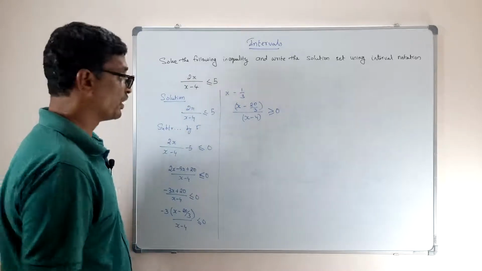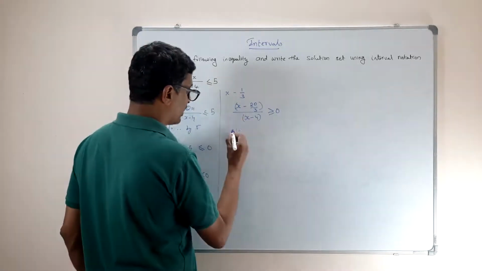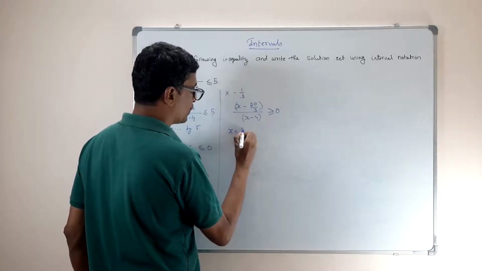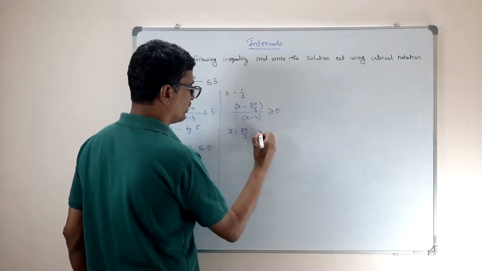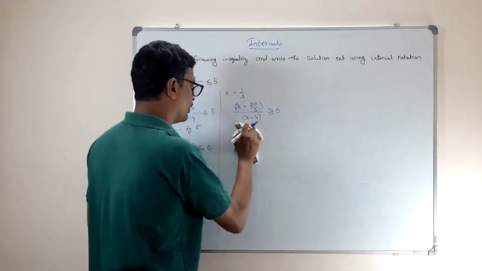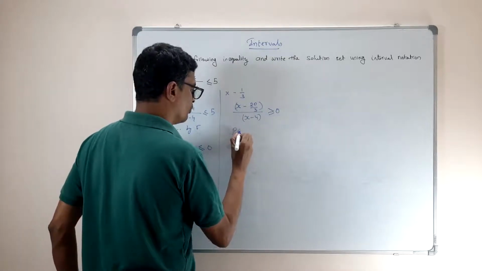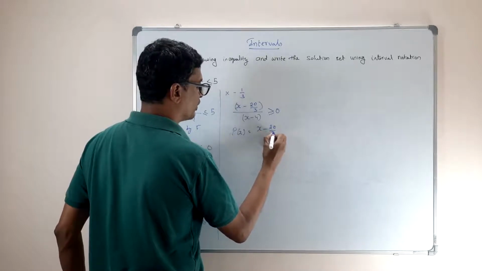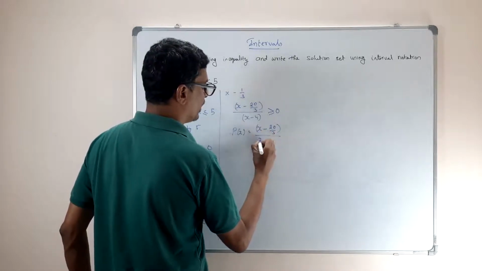Again we have two regions. Now first we take p of x equal to x minus 20 by 3 divided by x minus 4.